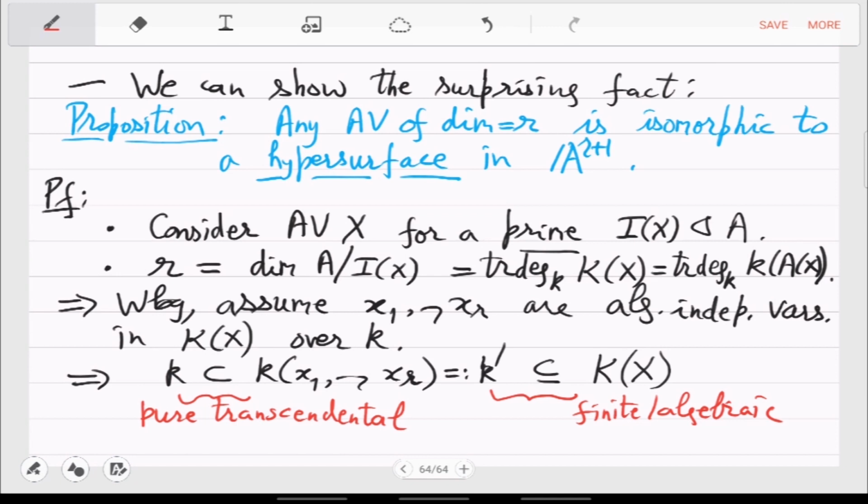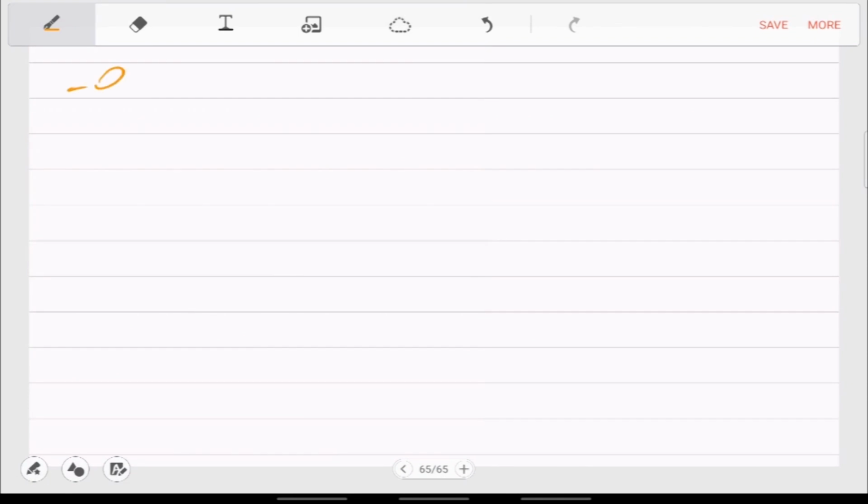So for varieties X, Y, a rational map phi from X to Y is given as: take any open set U of X and a map defined on that.